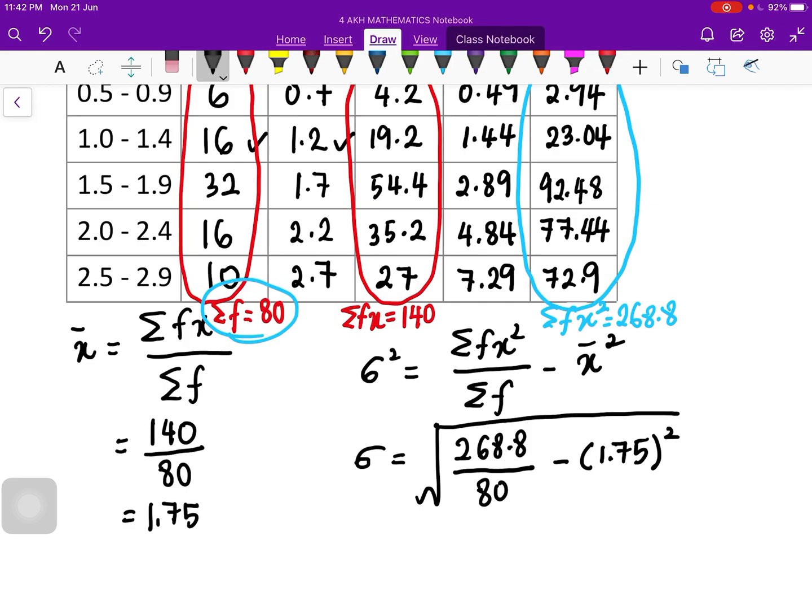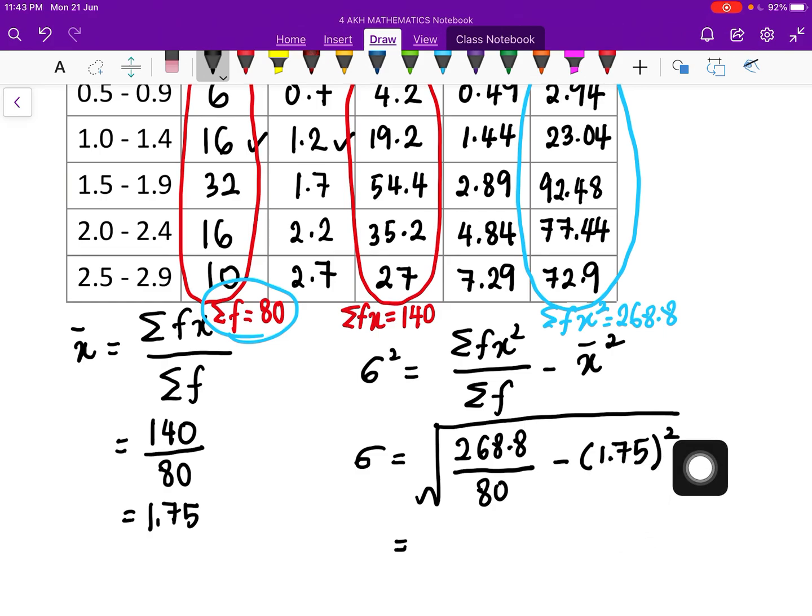Okay, so use your calculator. Make sure you calculate ni, you masukkan nilai ni everything. So if you want to do it one by one, maksudnya 268.8 you divide by 80 dulu. And then you tulis. It's fine, tapi make sure you buat dalam 6 decimal place dahulu. Okay, buat in 6 decimal place.